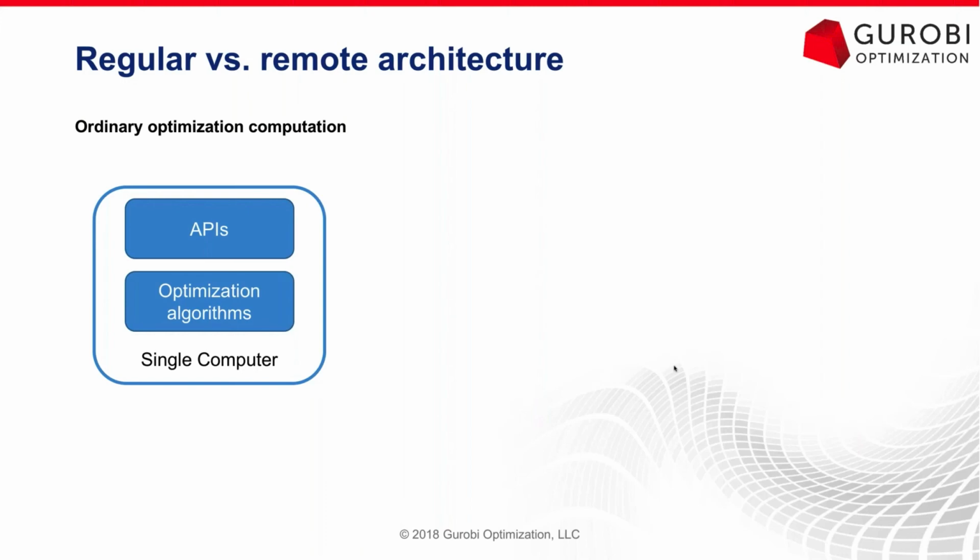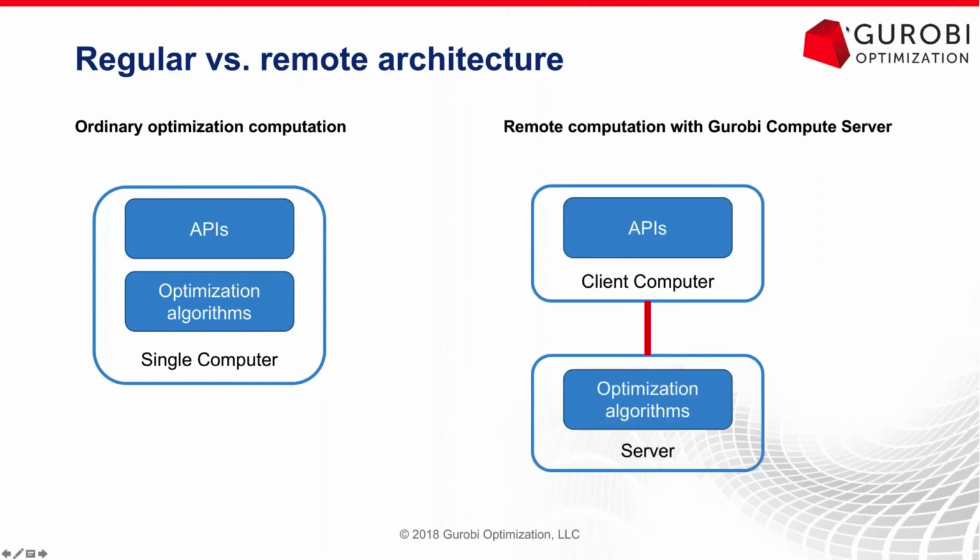With Gurobi Compute Server, we can separate that out and put those onto 2 separate computers. So we'll do remote computation where we have a client computer where only the Gurobi interfaces, the APIs will run, and then a second computer where the optimization algorithms will run on a server. So those 2 will be linked, which is a little different than what you're probably used to, where they all run on the same computer.